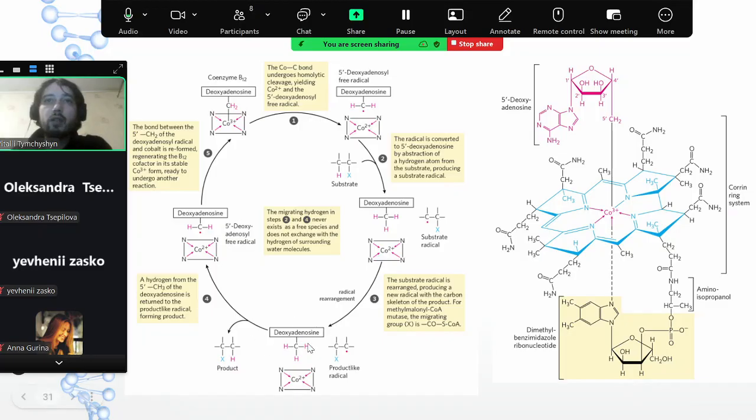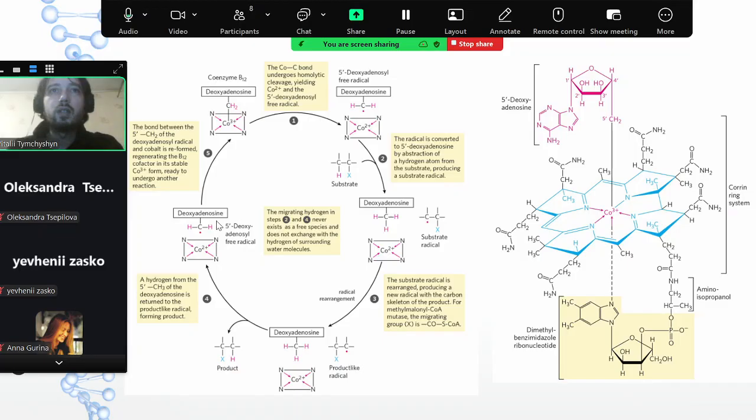We have deoxyadenosine, and here is our cobalt, and we return this hydrogen to the product-like radical, and we get our product. The hydrogen from the 5' CH3 of the deoxyadenosine is returned to the product-like radical to form the product.